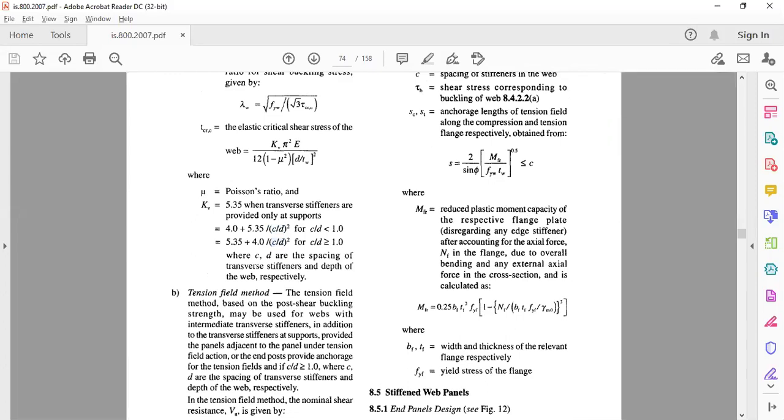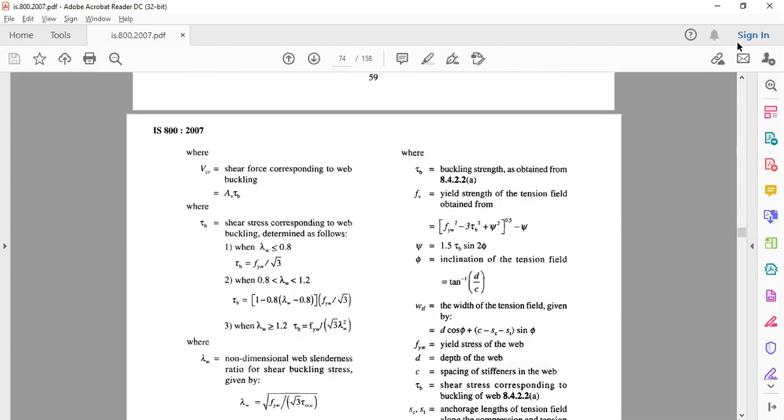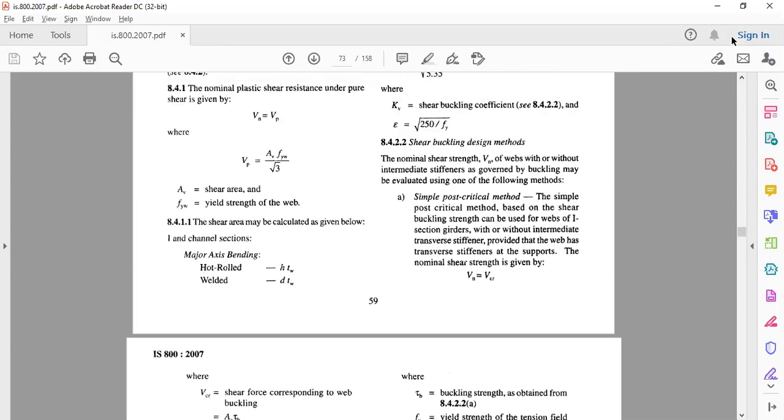With respect to C by D value only, we are going to have everything.